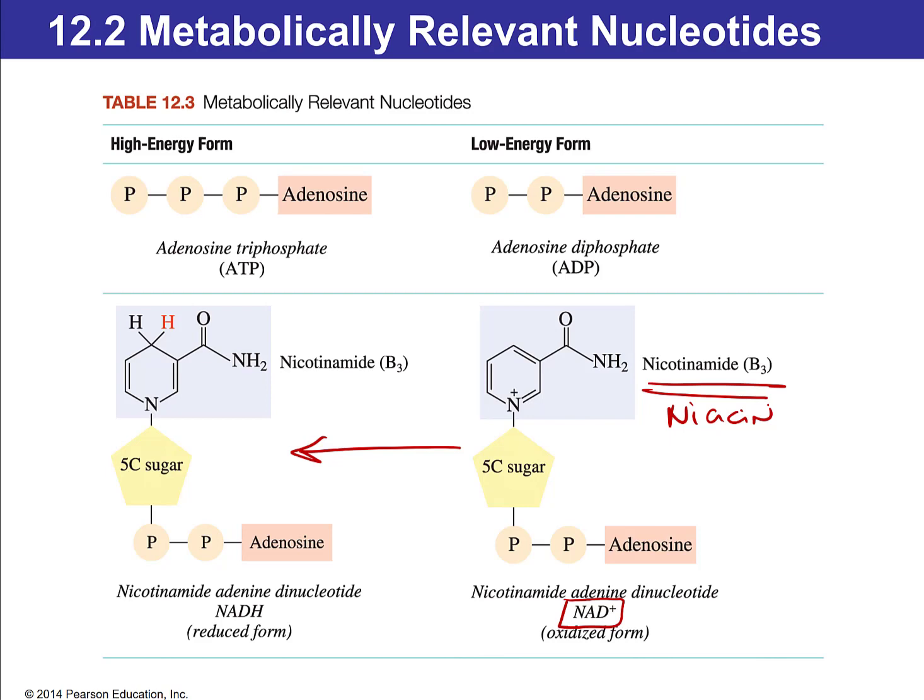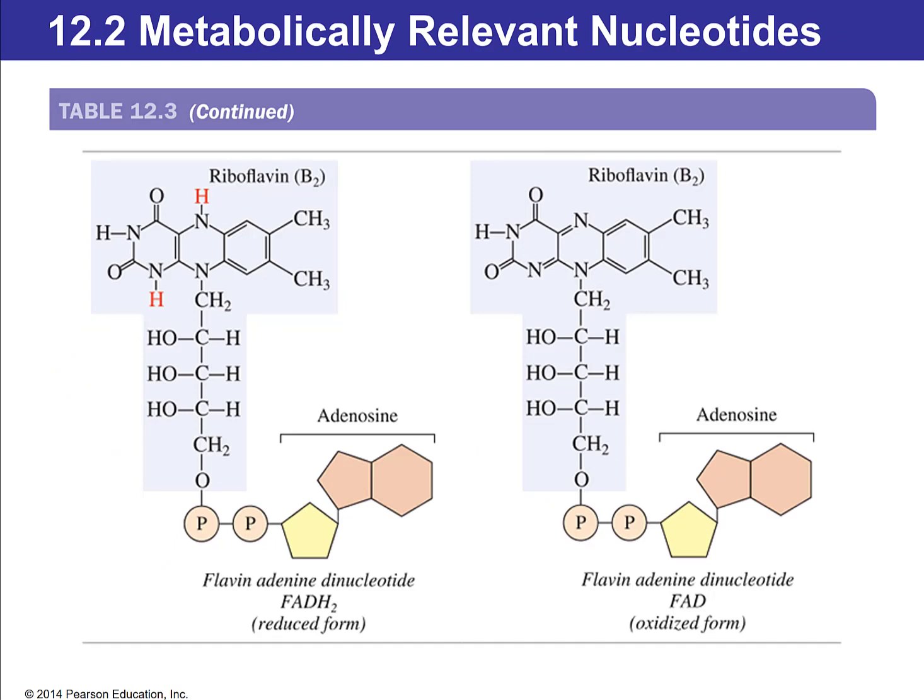What NAD does is it picks up a hydrogen. The hydrogen comes off of glucose. It's one of the hydrogens in the glucose molecule that is the source of the hydrogen. As we begin to dismantle the hydrogen from glucose, NAD can pick up 1. FAD can pick up 2. If you see the 2 red hydrogens, this should go in that direction.